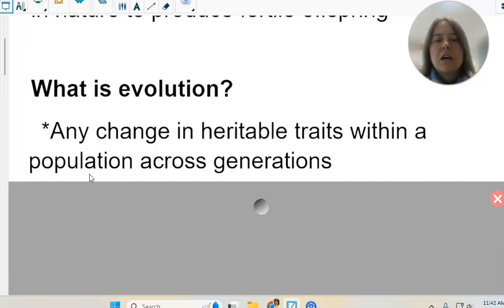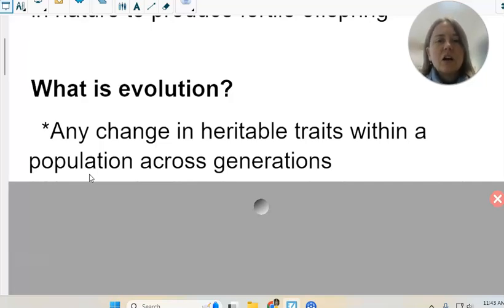So let's say we have a population of frogs, and there are some birds that eat the lighter colored frogs. That one frog that is not well adapted to the environment, a lighter colored frog, is going to get eaten, and then it's not going to pass its genes on.